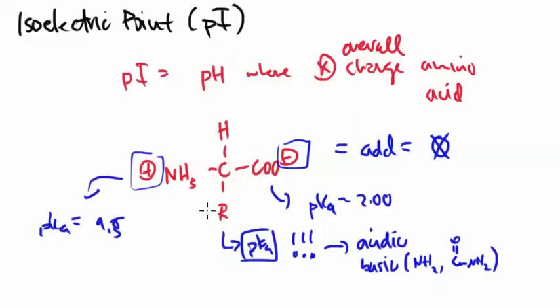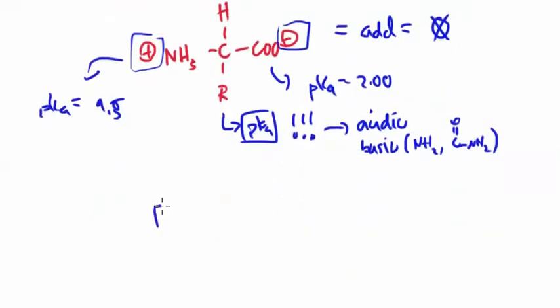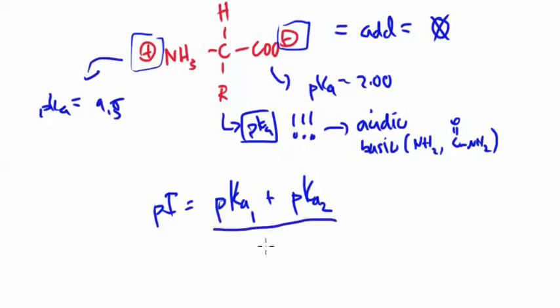To calculate it, you basically take pI equal to pKa1 plus pKa2, and then you take the average. You take those two numbers and divide by 2.